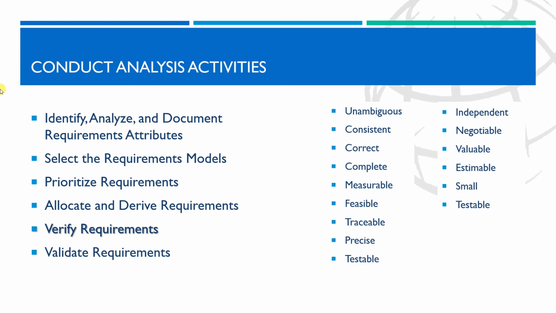The next point is to allocate and derive requirements. Requirements allocation is the process of assigning requirements to functions, solution components, and organizational entities. Requirements are subsequently allocated to specific releases or iterations.